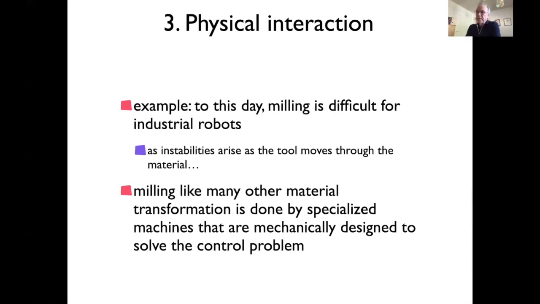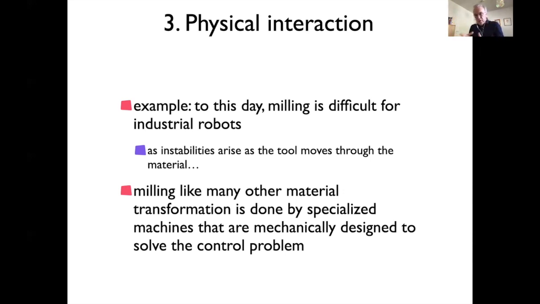And the reason for that is that very typically robots go through instabilities as they interact with material like that, for instance because of the difficulty to control forces or torque, which is very difficult to do. And so many of these machining operations are done by specialized machines, which are not robots in the usual sense of articulated arms.